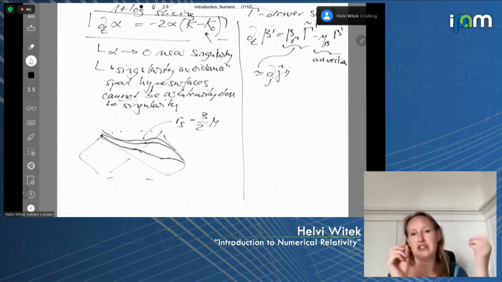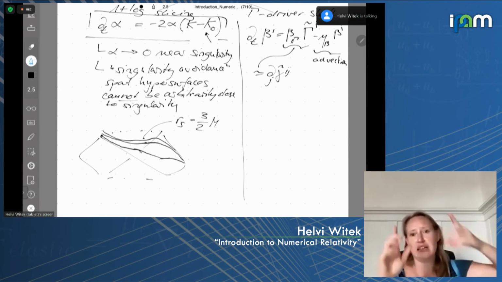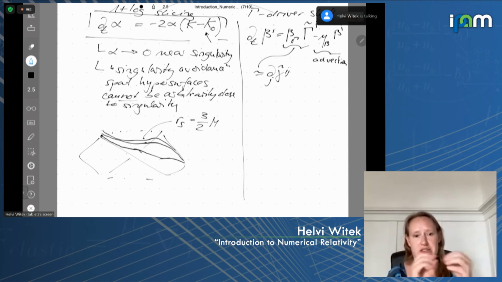And what this shift condition does is essentially counteract this shear, because if you have too large gradients in your coordinates, your numerical code may fail. So the shift condition counteracts this shear and these large gradients, and helps to stabilize the evolutions. That's why this particular shift condition has proven very useful.